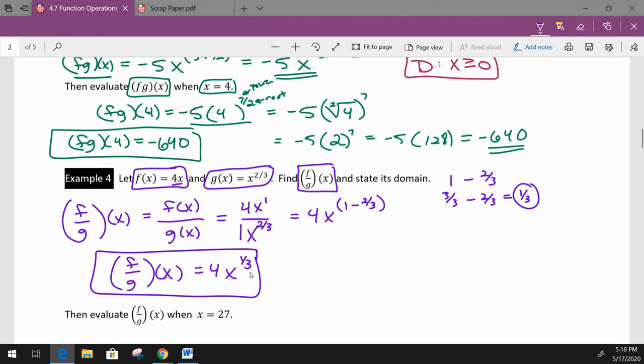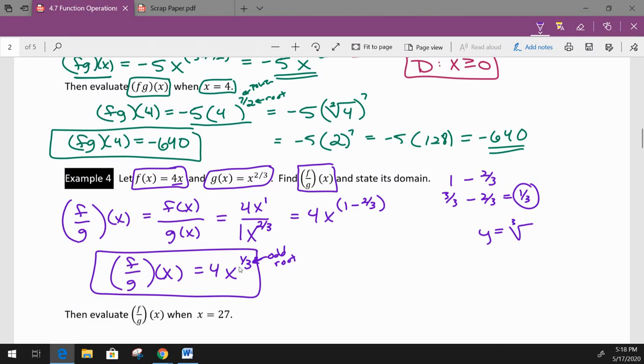Now, we have an odd root. So when you have an odd root, you can take a negative number to an odd root. You can take 0 to the odd root. You can take a positive number to an odd root. So if you think of your cubed root, we'll just do a little cubed root graph here.